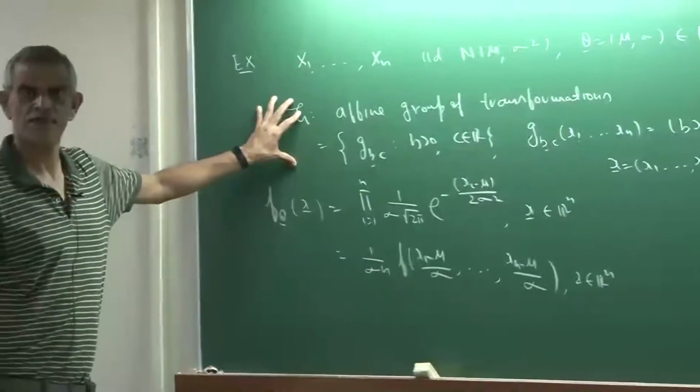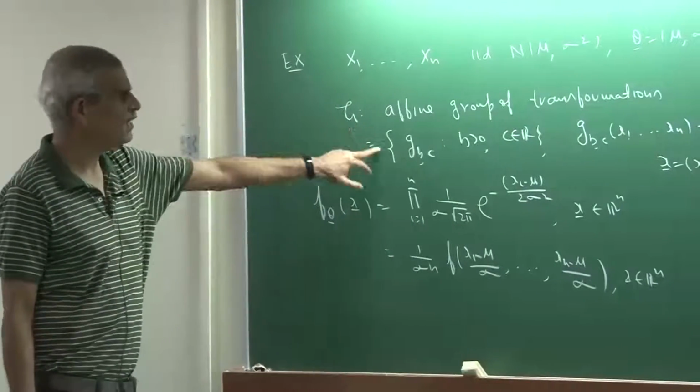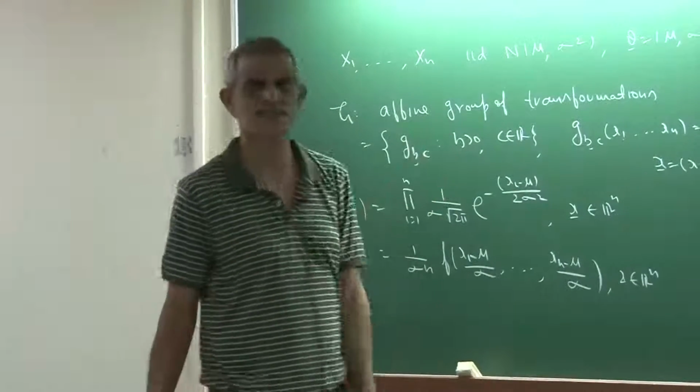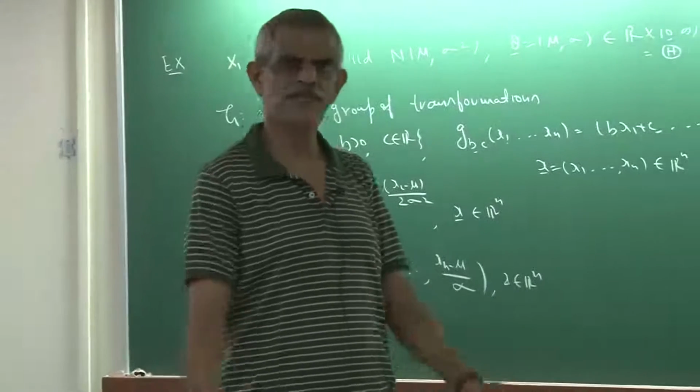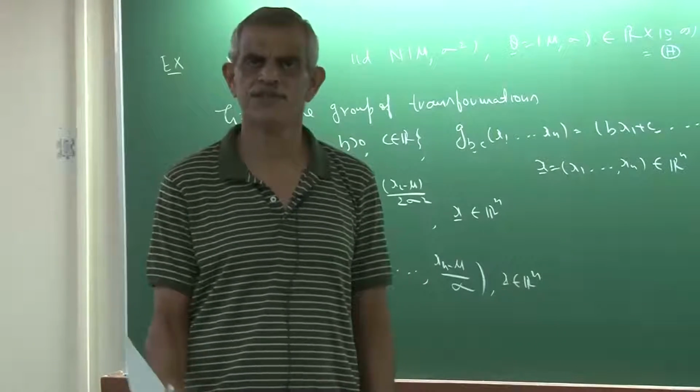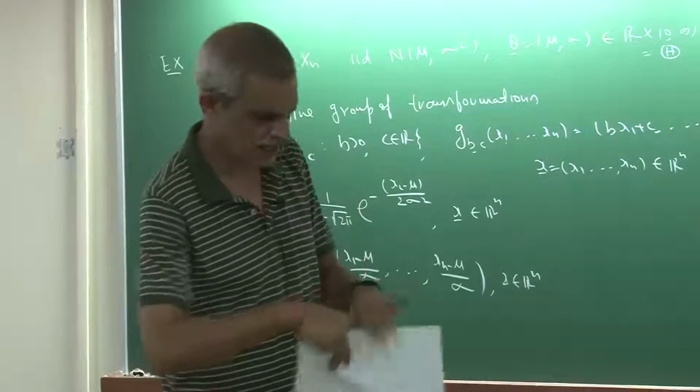Now if that is the case, we know that the set of probability distributions is invariant under this group of transformations. The problem of estimating mu is invariant. In general, the problem of estimating sigma to the power r is invariant.